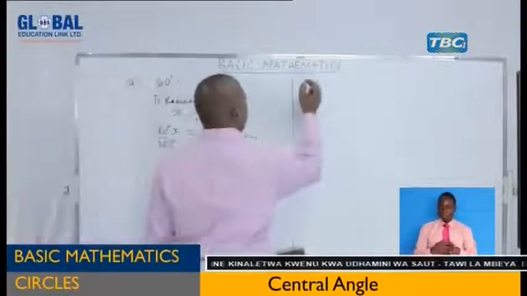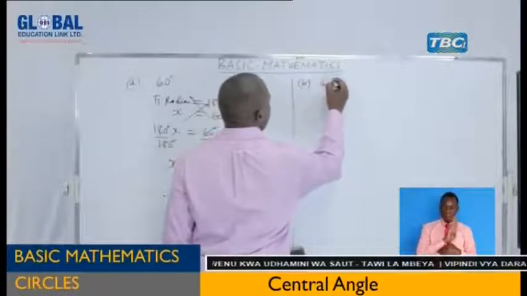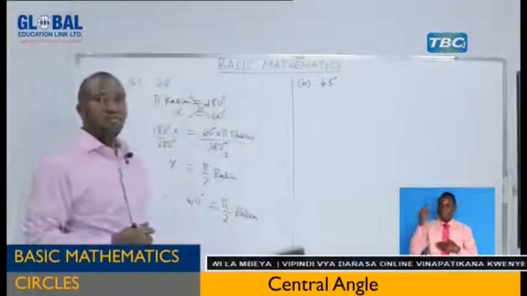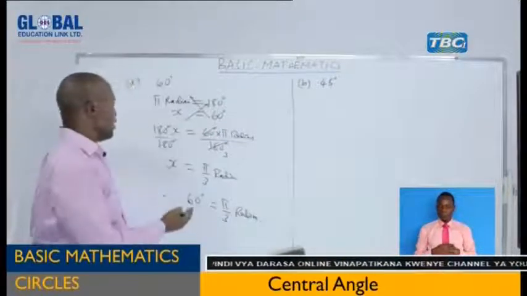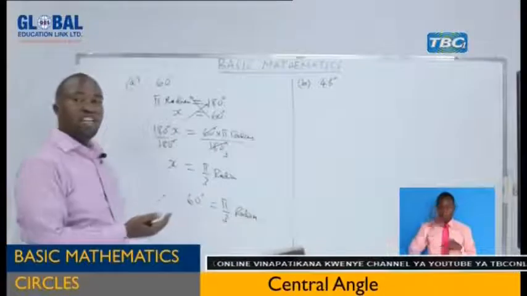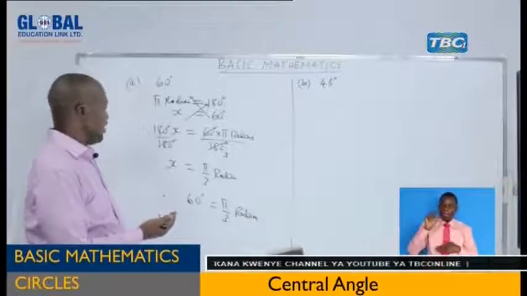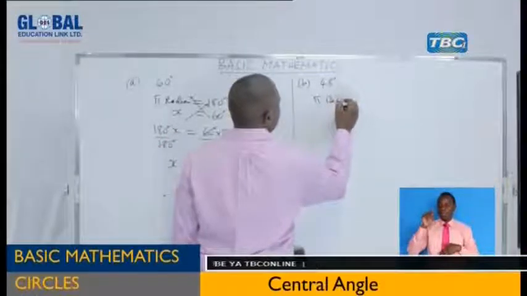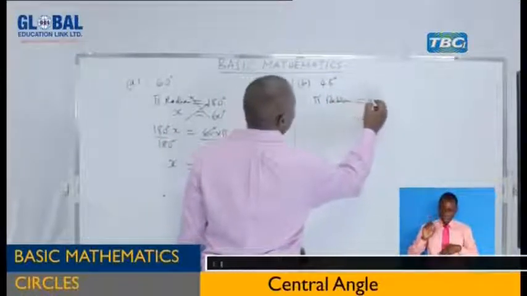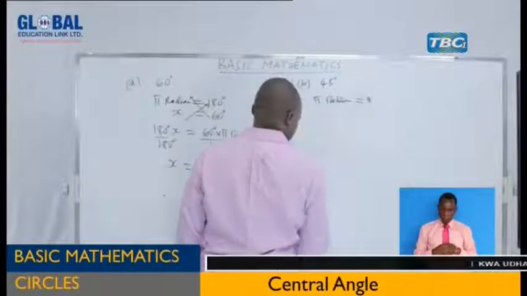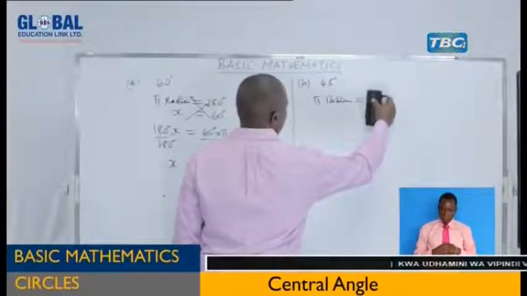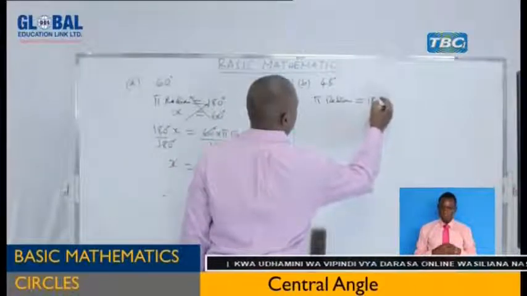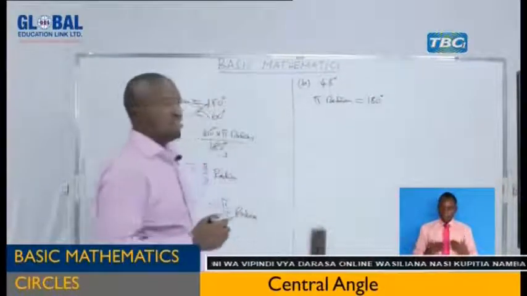B, you have 45 degrees. Again, remember the relationship between radian measure and degrees: pi radians is equivalent to 180 degrees.